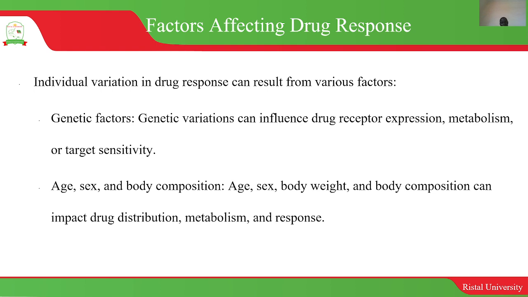This is true, as you will get to know that the dosages we give are age dependent. For example, in pediatrics, it's not the same dosage as in adults. This is just because of these factors: age, sex and even body composition. All this influences the drug response.